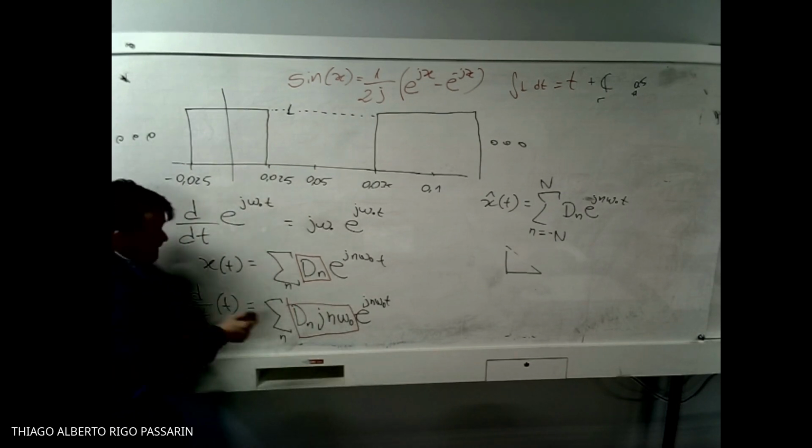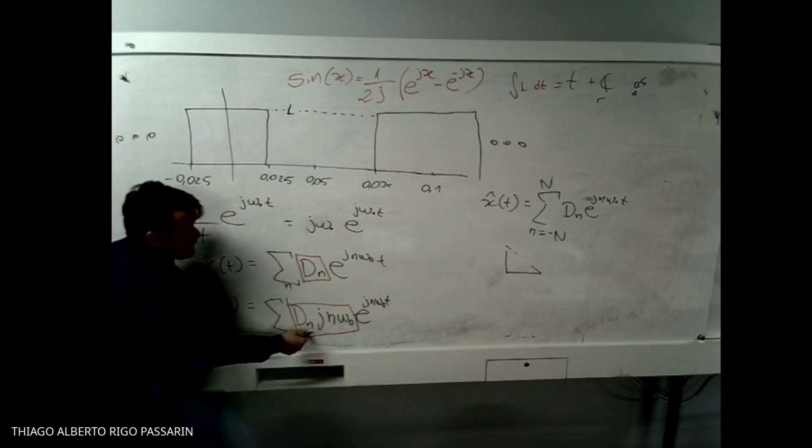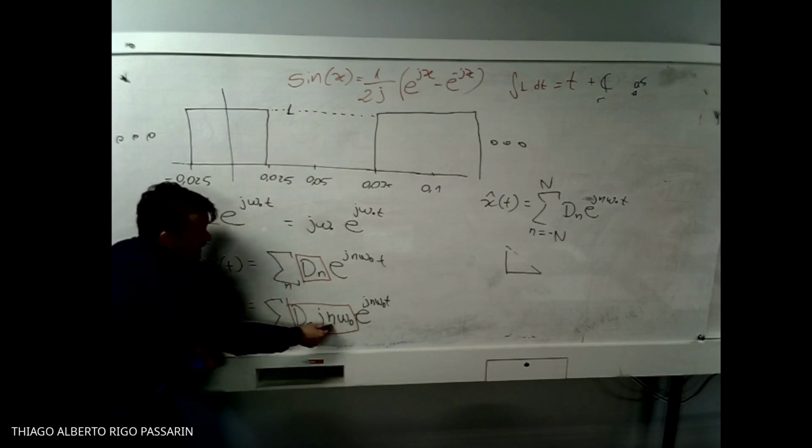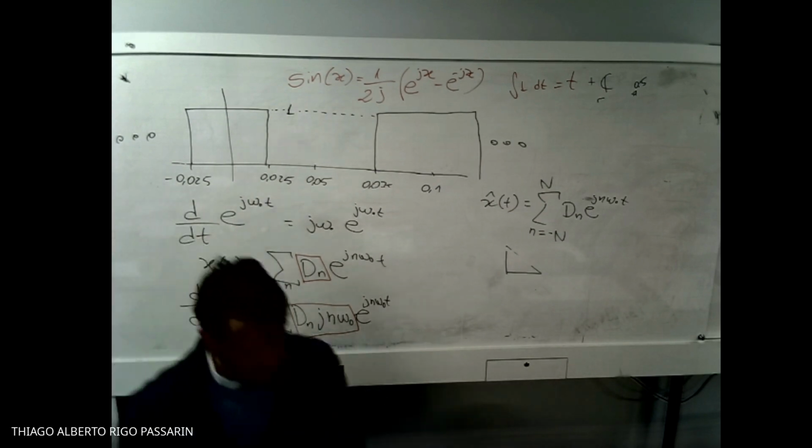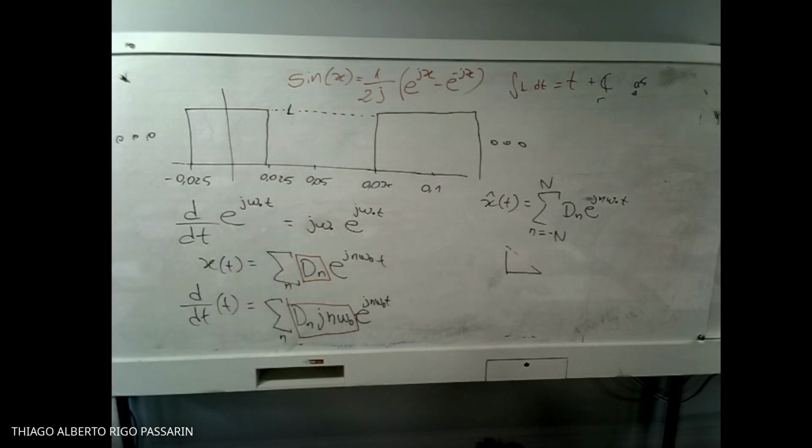You just take each coefficient and you multiply by j n omega 0. So let's do it. It's what I'm doing here. So I'm taking each coefficient.